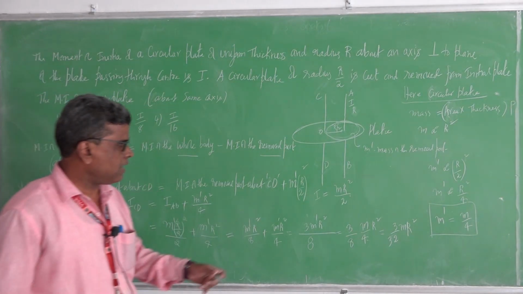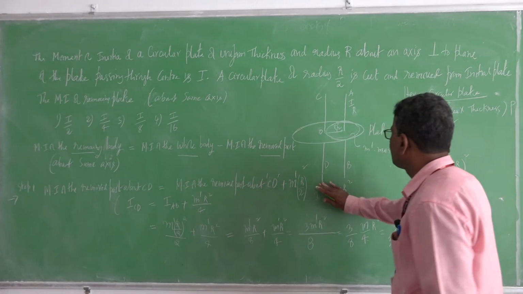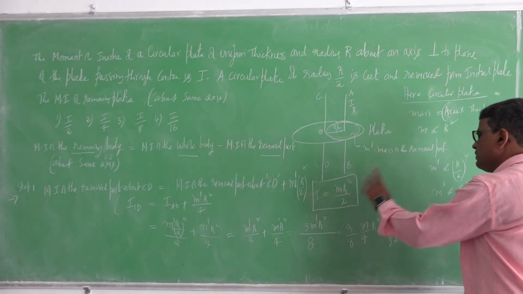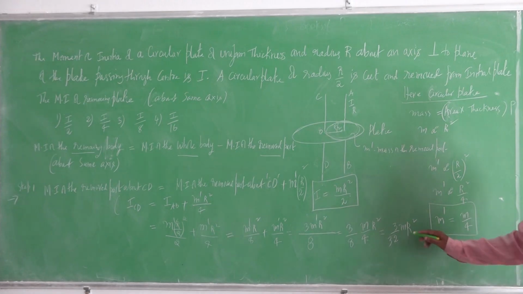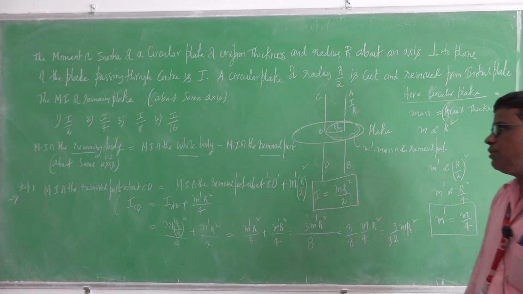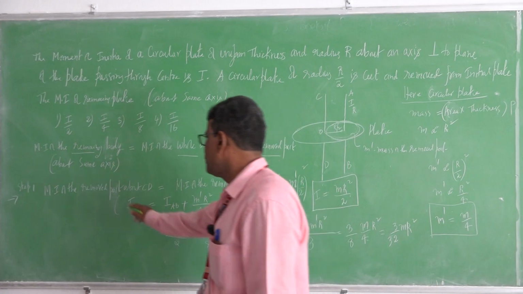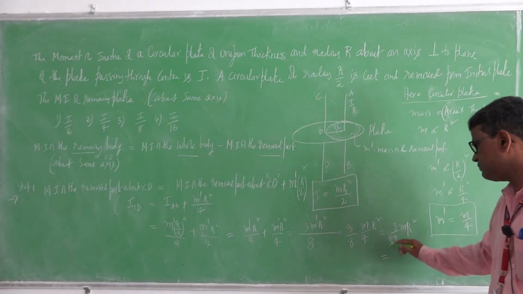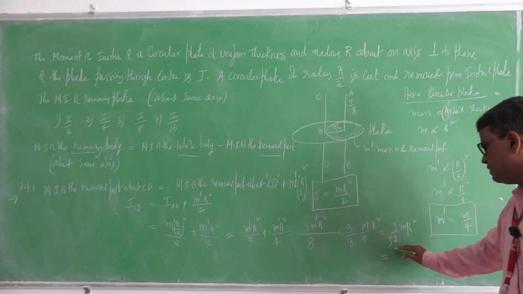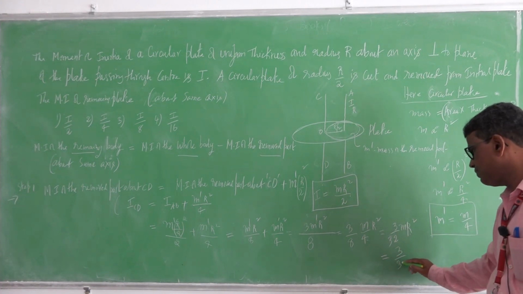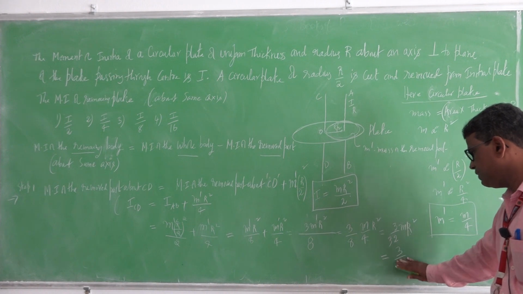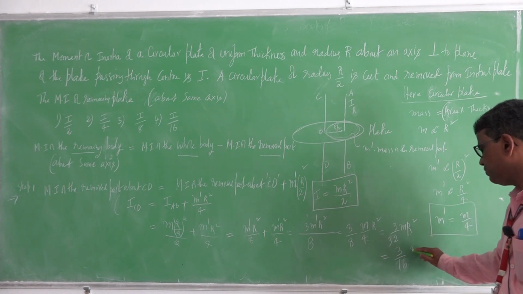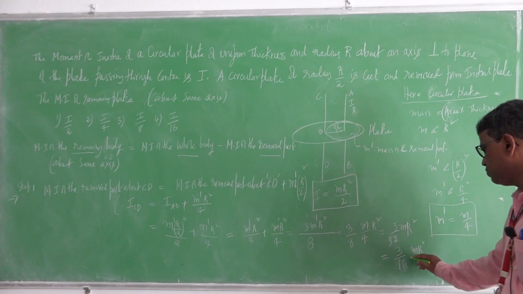Okay. So I have to write this in terms of I. So I is defined like this, m r square by 2. So this I about CD, the moment of inertia of the removed part about CD, I want to express in terms of I. Instead of 32 I am writing 2 into 16, that is 16 into m r square by 2.